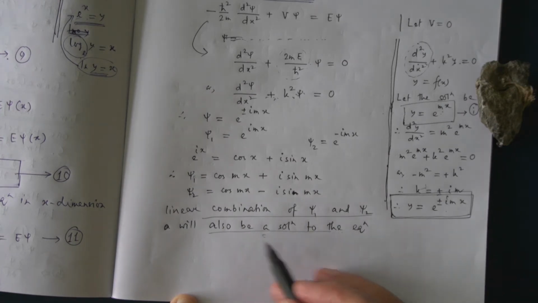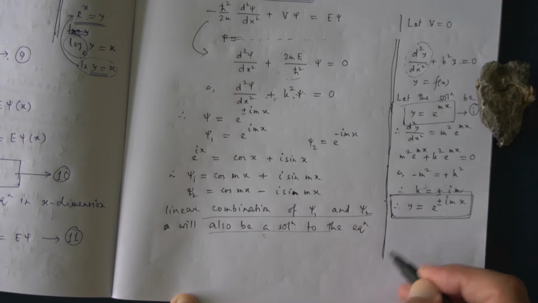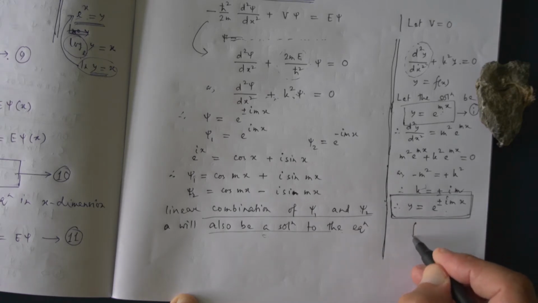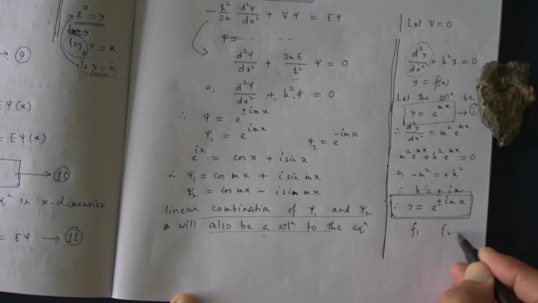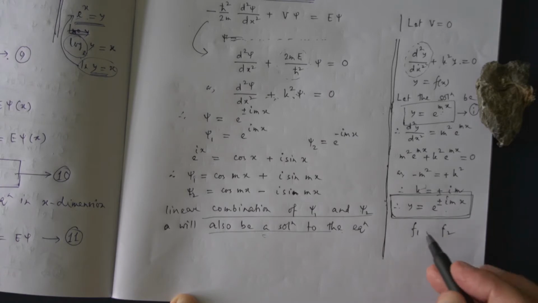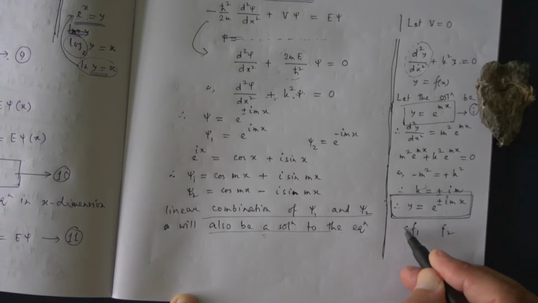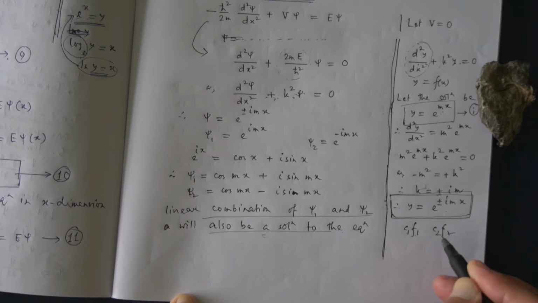Now, what is a linear combination of two functions? Say f1 is one function and f2 is another function. Linear combination is nothing but we multiply this function by a constant, multiply the other function by another constant, then we add.